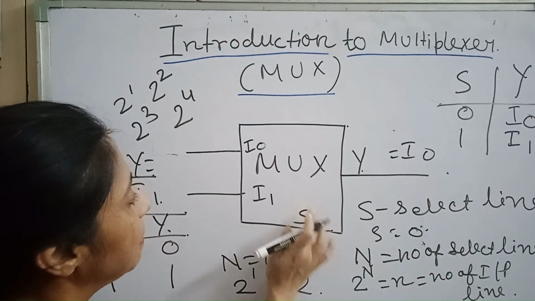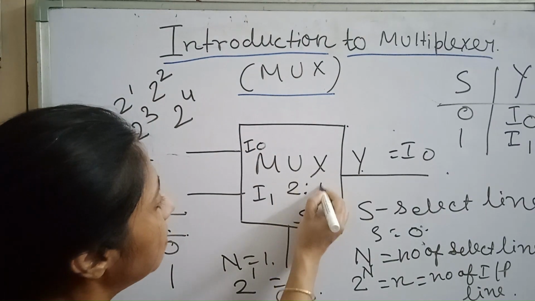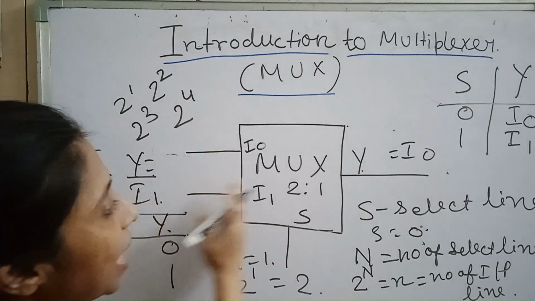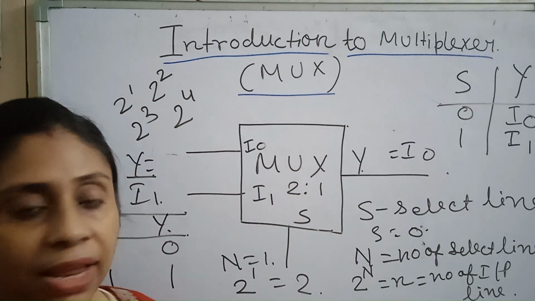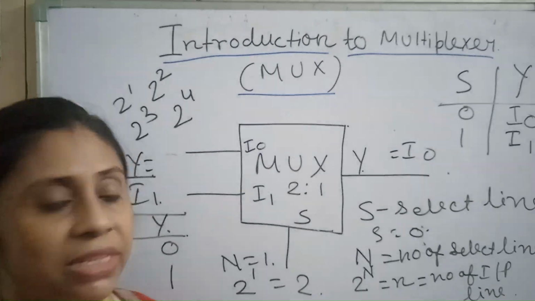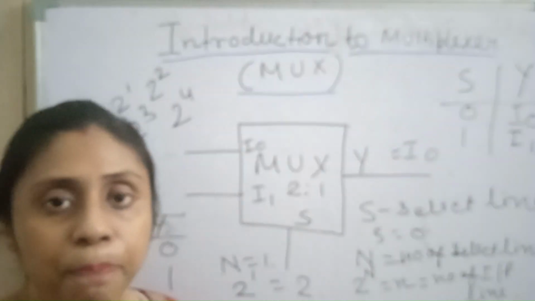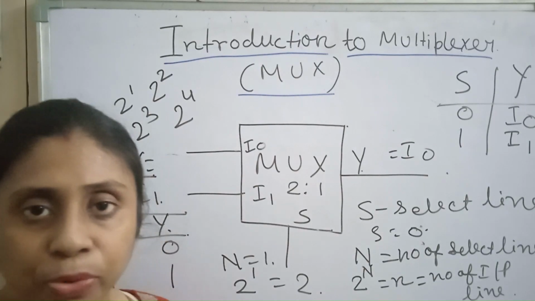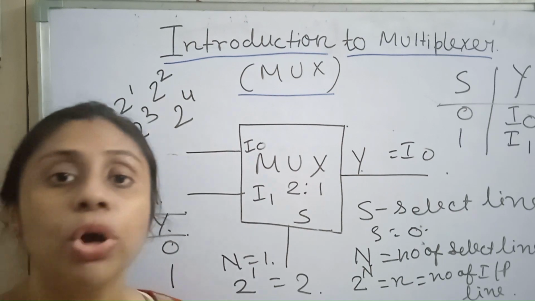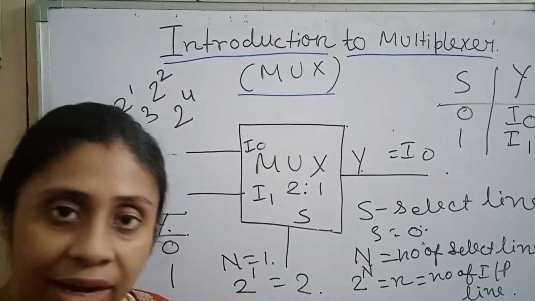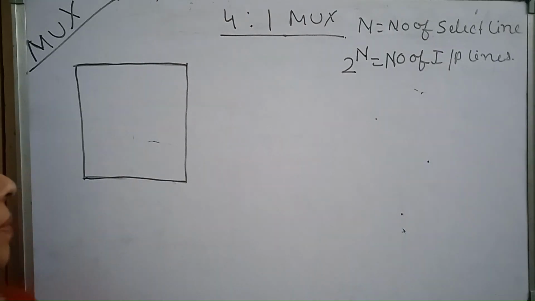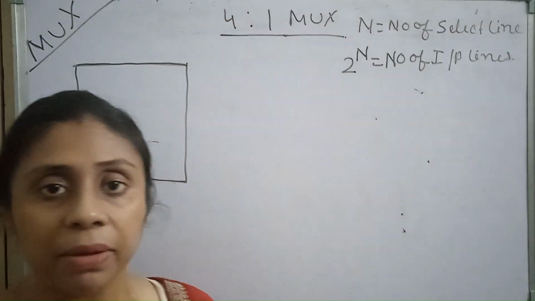A 2:1 multiplexer has 2 input lines and 1 output line. In a 4:1 multiplexer, there will be 4 input lines and 1 output line. So in that case, what should be the number of select lines? Let us see what happens in a 4:1 multiplexer.